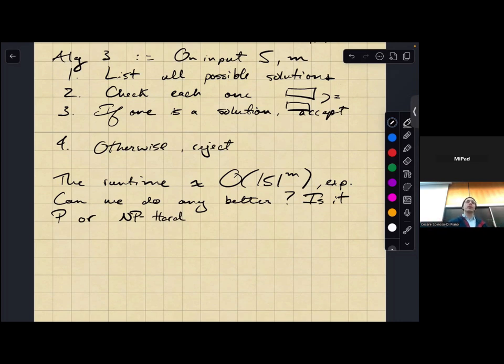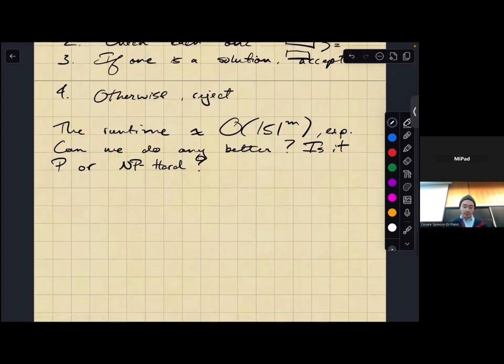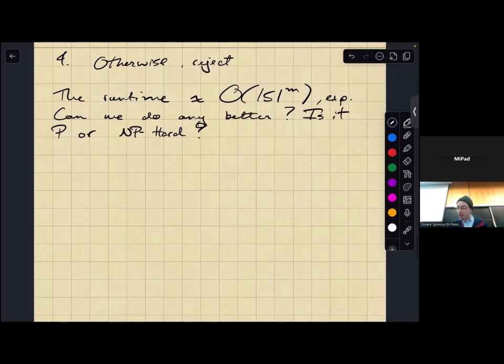The best we can do is we assume we have a non-deterministic Turing machine, which guesses the correct solution somehow magically, and then checks that it's right. So this is the question I'm actually asking: is it in P or is it actually NP-complete? To answer this question, let me quickly recall what it means for something to be NP hard or NP complete.